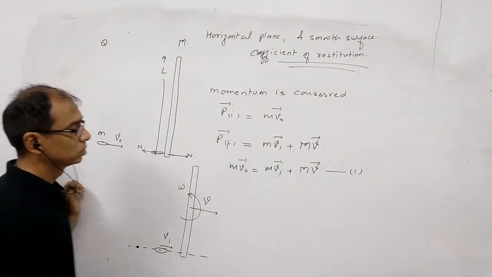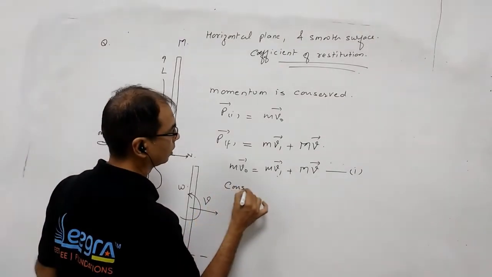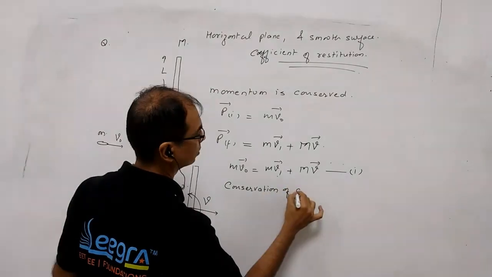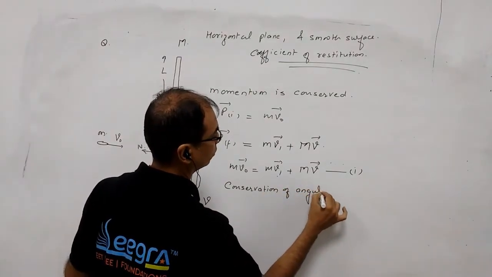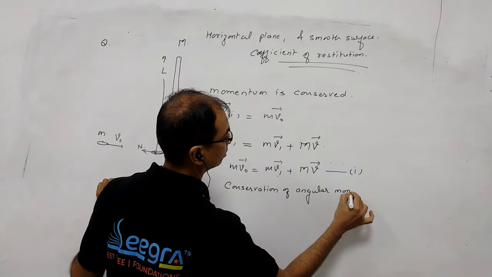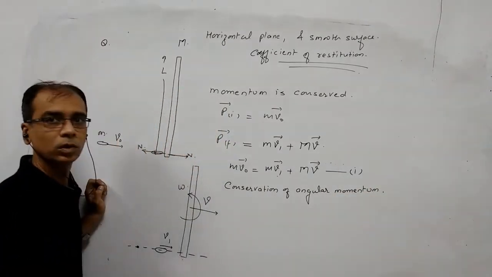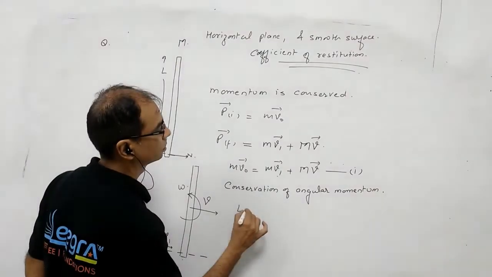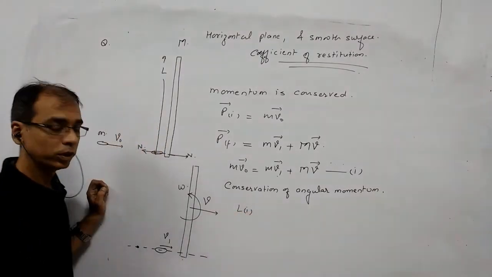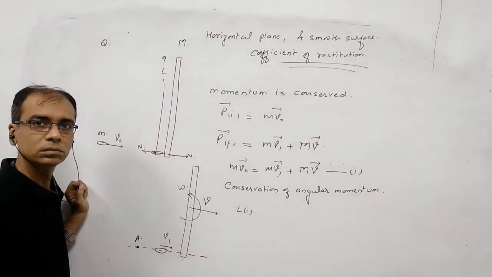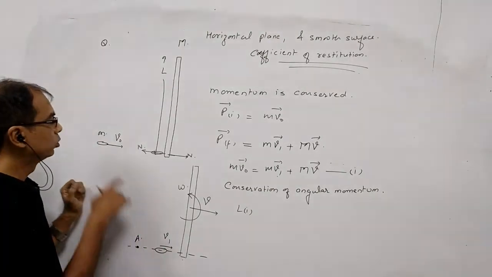Okay, so doing that, conservation of angular momentum now. Initial angular momentum. About which point am I taking? Let's say we will take about this point only, A. Now initial angular momentum, who's moving?